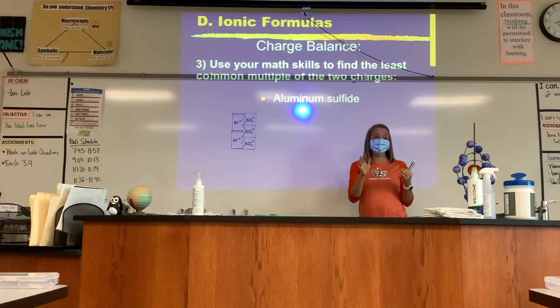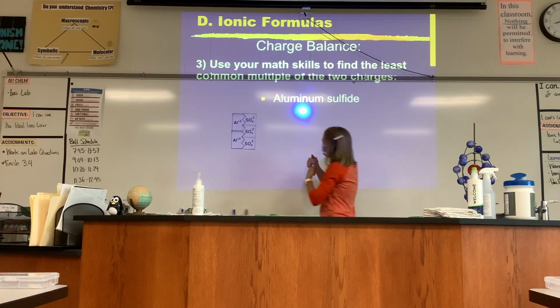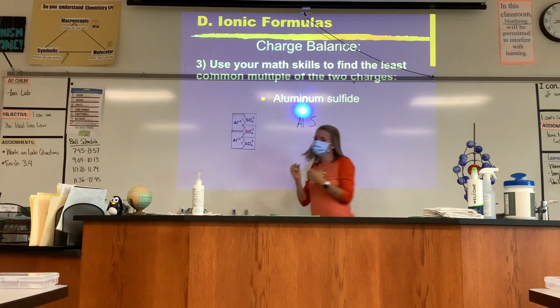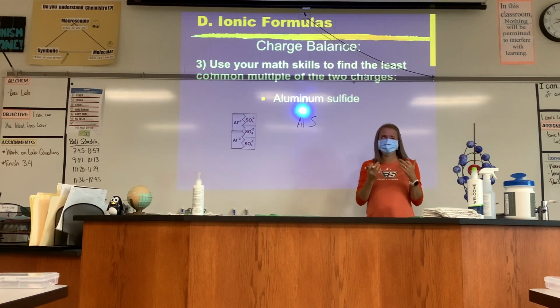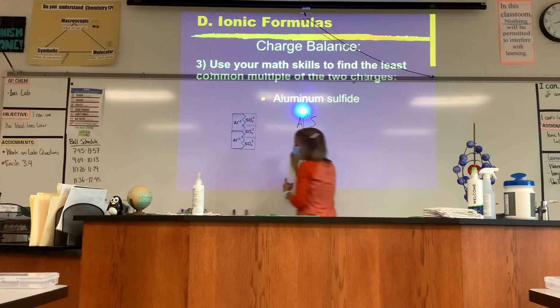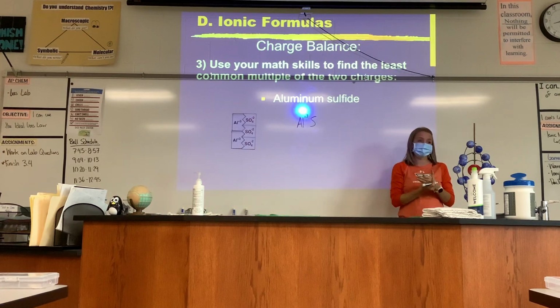Okay, now another way, if you don't want to do the visual drawing, like Rachel pointed out, is you just find the lowest common multiple of both. Aluminum has a +3 charge.